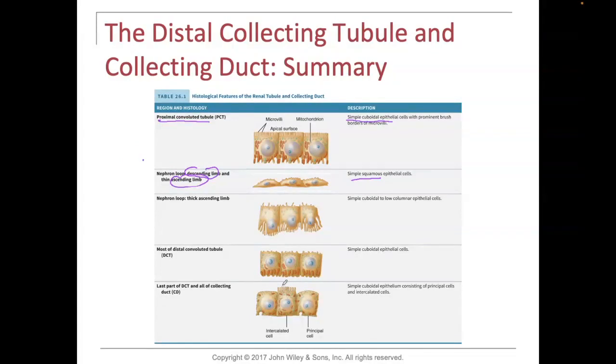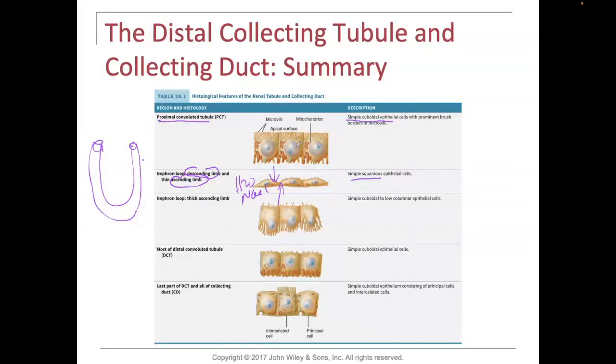So you can see the different shapes of the cells are going to determine what it's permeable to. So like through this section here, this is going to allow lots of water and salt to pass through a little bit easier at that loop of Henle.